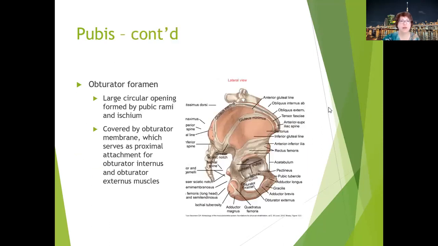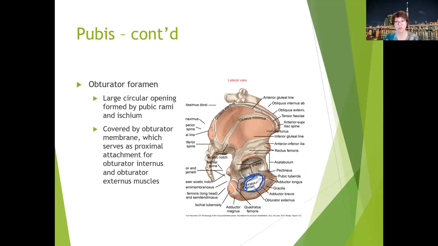The obturator foramen is the large circular opening that's formed by the pubic rami and the ischial ramus. So we know that a foramen is a hole and something's going to go through it. There's a membrane that covers the obturator foramen.